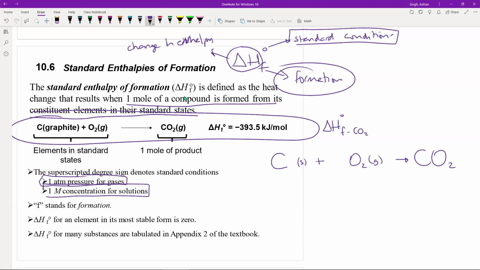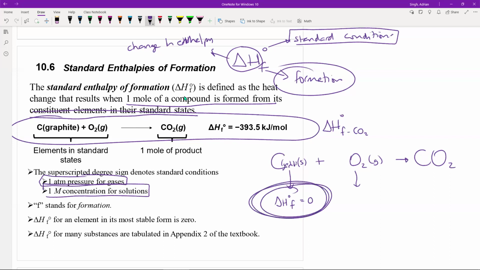And when you have an element in its most stable form, so for example, carbon in the form of graphite, the delta H of formation of an element in its most stable form is always 0. So similarly for the others as well, we would see that for elements in the most stable form, the delta H of formation is going to be 0.